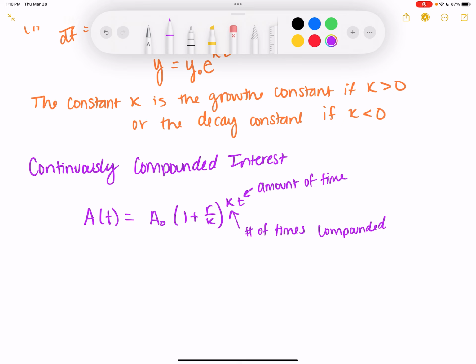First let me just do a refresher. If it said it was compounded monthly, what would k be? 12. If it said weekly, what would it be? 52.